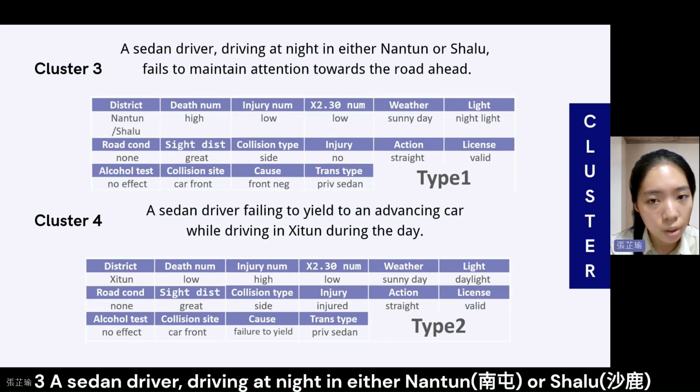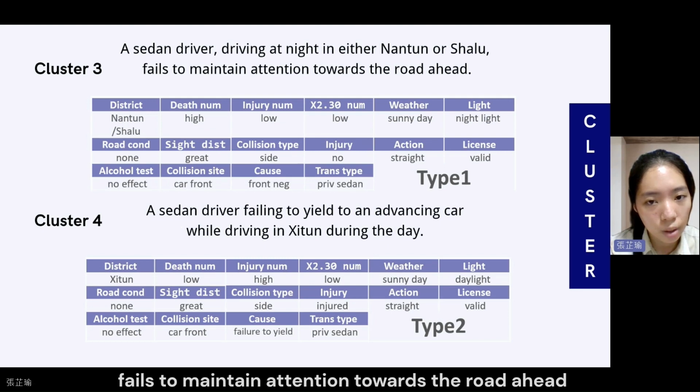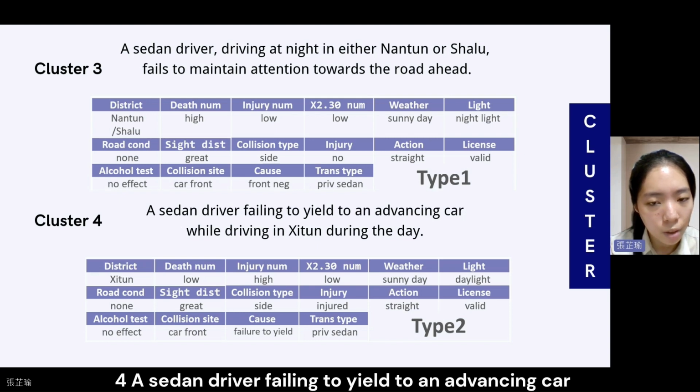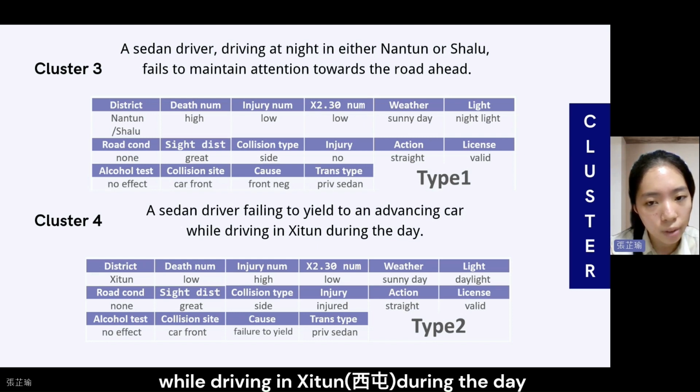A sedan driver driving at night in either Nantong or Shalu fails to maintain attention towards the road ahead. That person will have a type 1 accident. 4. A sedan driver failing to yield to an advancing car while driving in Xichun during the day. That person will have a type 2 accident.